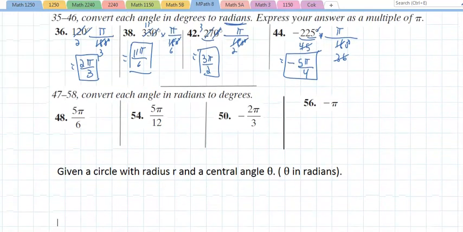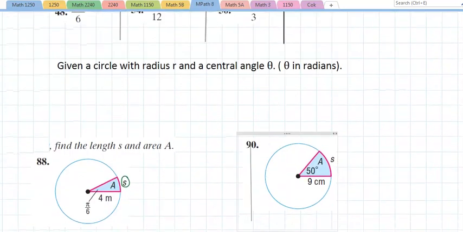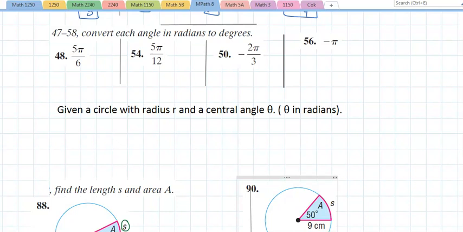The next part of the homework says, go backwards. Given radians, go to degrees. Well, hey, multiply degrees at the top. Whatever you want the answer to be in, you put at the top, radians on the bottom. The pi's cancel out. 6 divides 18 3 times, so 5 times 30 is 150 degrees.